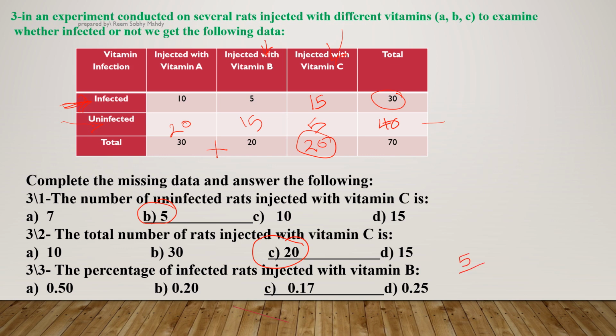So 5 over 30, as here we need the percentage of the infected rats, so the total infected rats is 30 and 5 of them are injected with vitamin B, so 5 over 30 times 100, and this equals 17%.